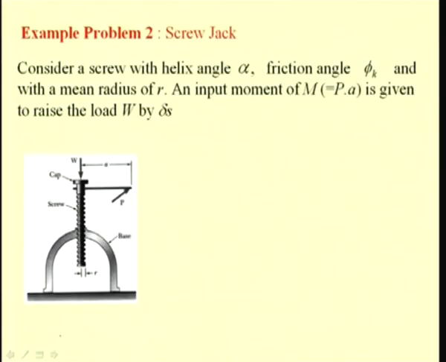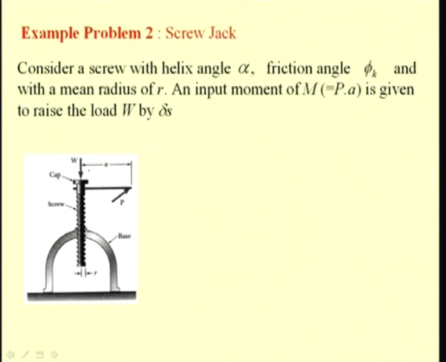Let us consider another example where the working principle of this screw jack depends upon the friction available between the square threads and the base. We have already solved problems on this screw jack, but here we are interested in finding the efficiency of this screw jack in raising this load.